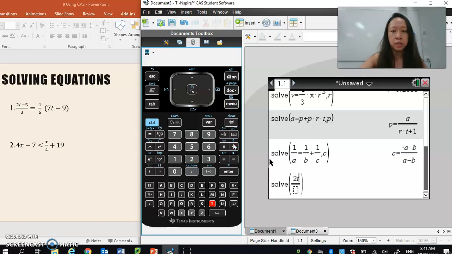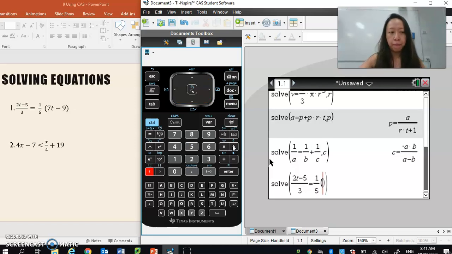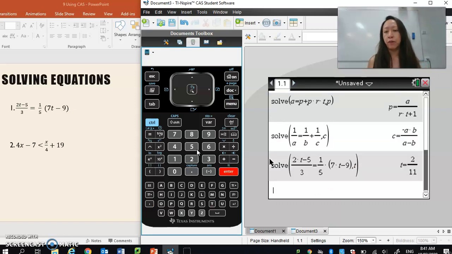In this case, it's 2t take 5 over 3 equals 1 over 5, 70 take 9. The pronumeral that we want to solve for, which is the only one, is t. So I have to put comma t. Now I have the value, so the equation is solved.